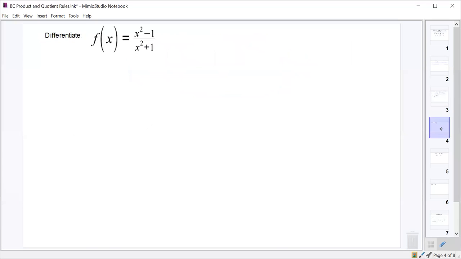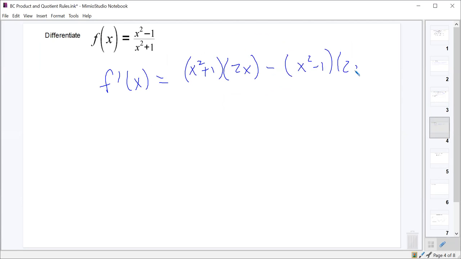So if I wanted to differentiate x squared minus 1 over x squared plus 1, what should f prime of x be? It ought to be v times du minus u times dv over the denominator squared.